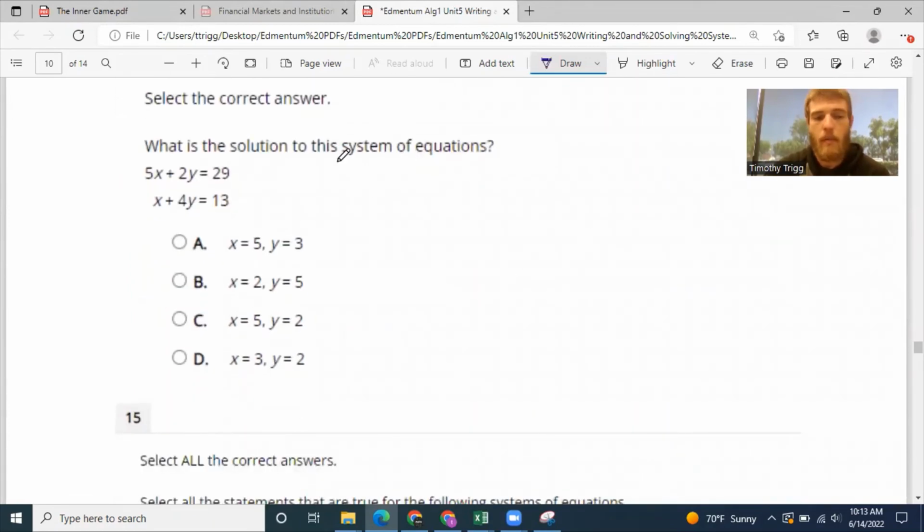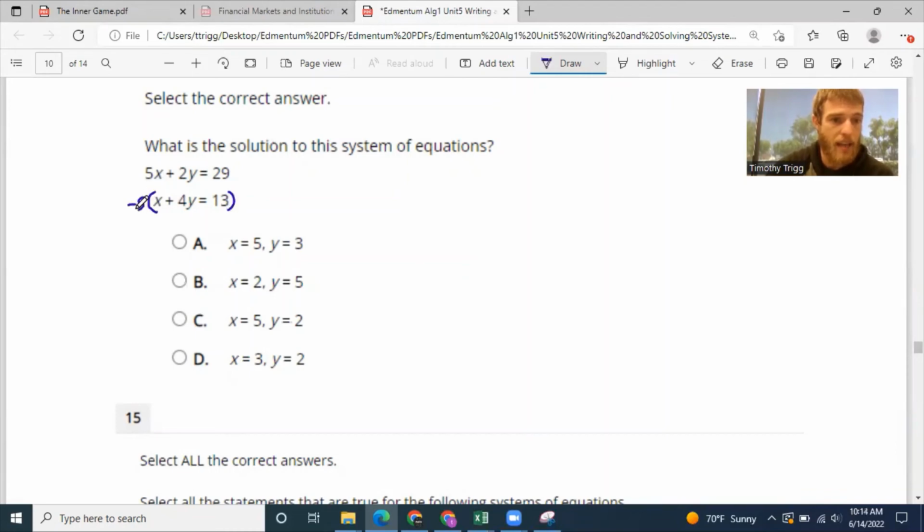What is the solution to the system of equations? Well, once again, we can use elimination in this case. You can choose whether you want to eliminate the x's or the y's. Sometimes it's easier to eliminate x's, sometimes easier to eliminate y's. But in this case, it's about the same either way. So if I want to eliminate the x's, I would multiply this bottom equation by -5.